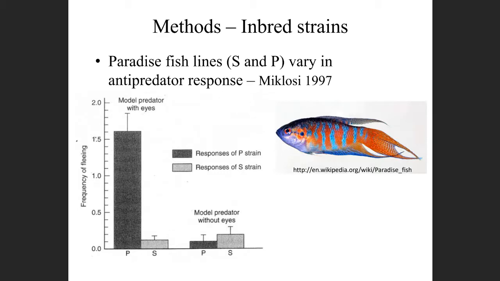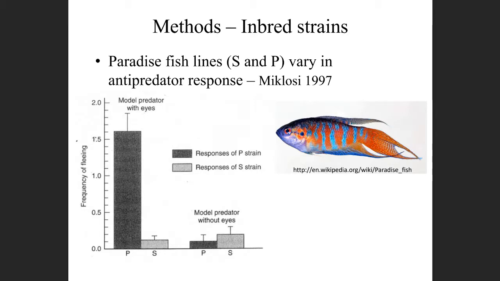alleles at different loci. And what McCloskey found was that they were able to isolate lines that varied in anti-predator behavior. In other words, paradise fish are sensitive to eyes.